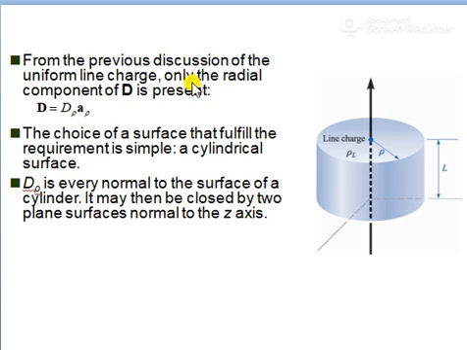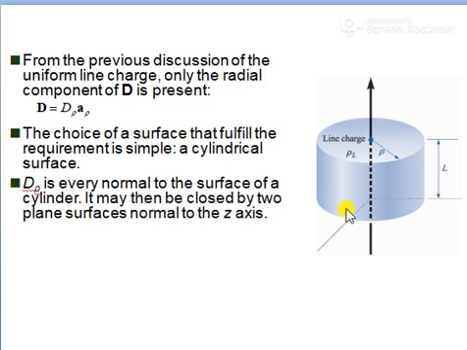From the previous discussion of the uniform line charge, only the radial component of D is present, that is D is equal to D rho a rho. The choice of the surface that fulfills the requirement is simple, a cylindrical surface. Now D rho is normal to the surface of the cylinder. It may then be closed by two plane surfaces normal to the z axis.